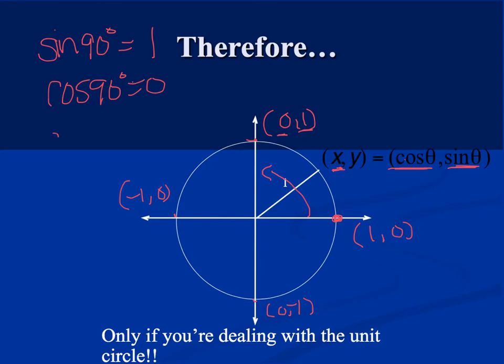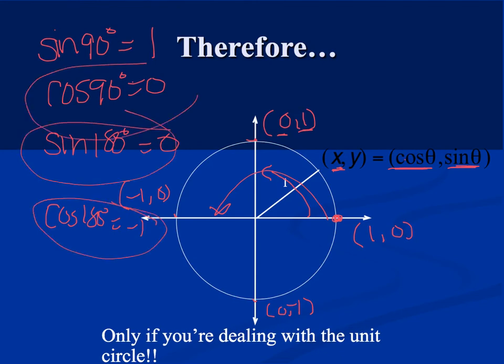We could keep going. We could ask for the sine of 180 degrees. Well, that's looking for the y value at 180 degrees, which is 0. And then the cosine of 180 degrees would be equal to negative 1. So by using this unit circle, we could figure out a lot of exact values for our sine and cosine functions.